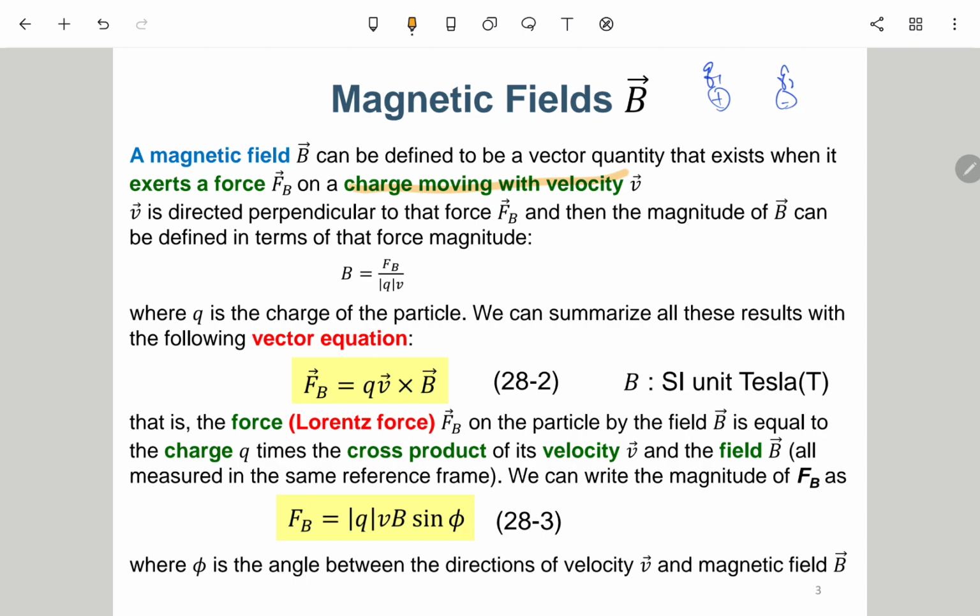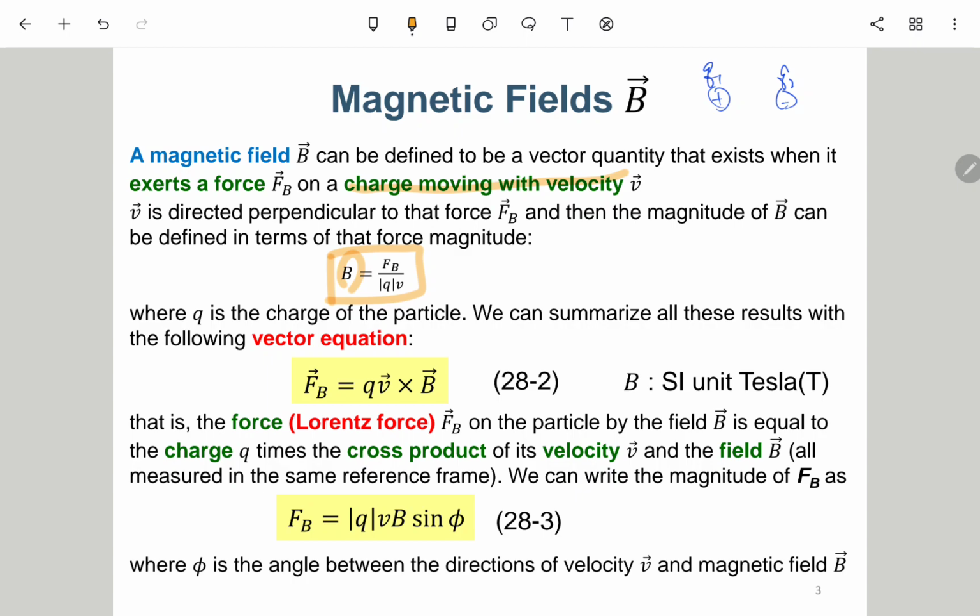Even stranger, this force is perpendicular to the velocity, which makes things even more complicated. In such a way, we have B equals F_B over Q times V. So we try to define the B field like this.